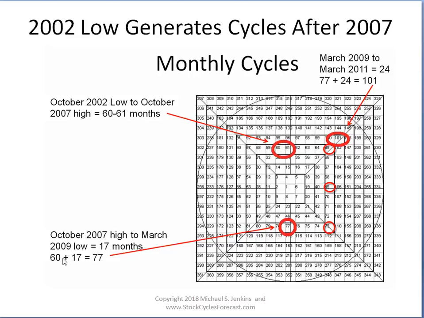So from that 60-ish, we add 17 and we come out to 77. And we see that's in opposition here, from a high at 60 in October of 07 to a low opposite those numbers at 77. And then 2 years later in March of 11 we had another high, and that was 24 months, or 77 plus 24, which got us around to 101.